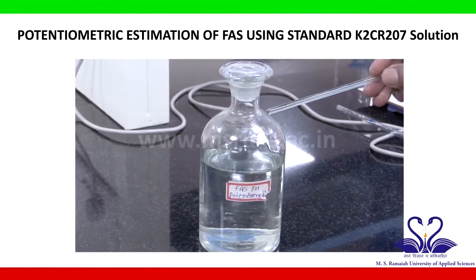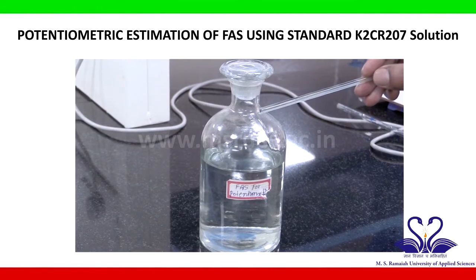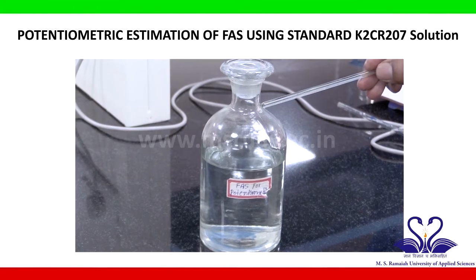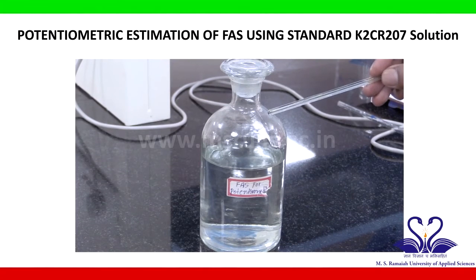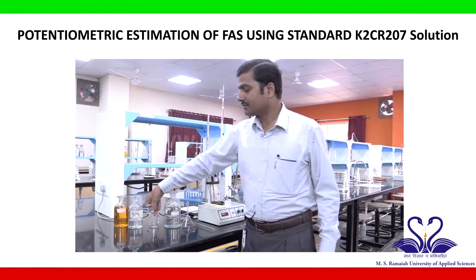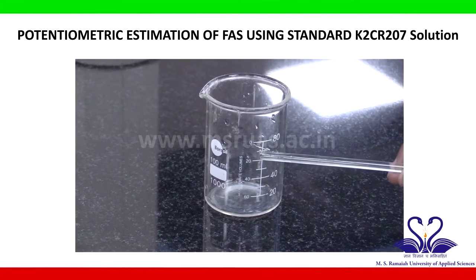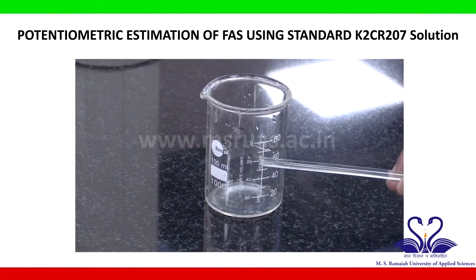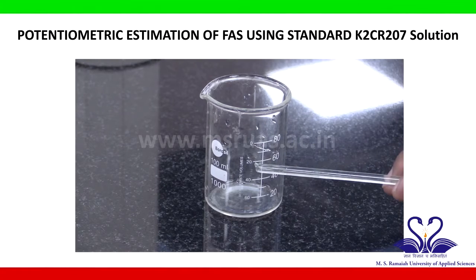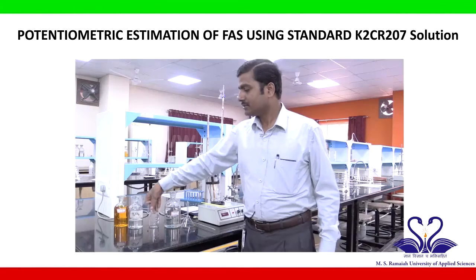This is the analyte solution, ferrous ammonium sulfate, where the concentration is unknown. Here iron is in the Fe2+ state. A beaker is required. This is the beaker into which we are taking a known quantity of the ferrous ammonium sulfate solution and half a test tube of sulfuric acid to provide the acidic medium.